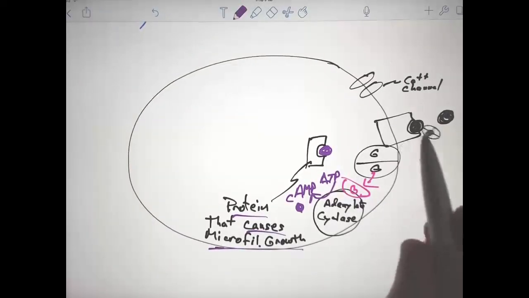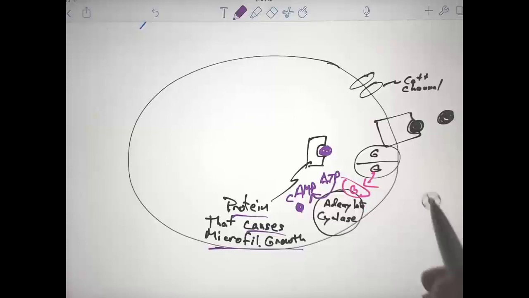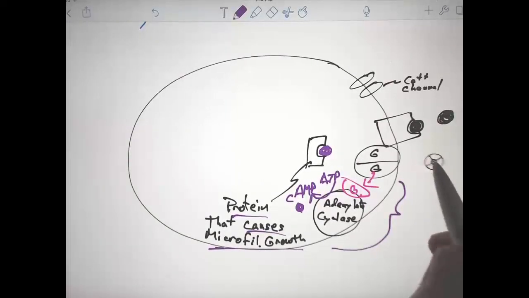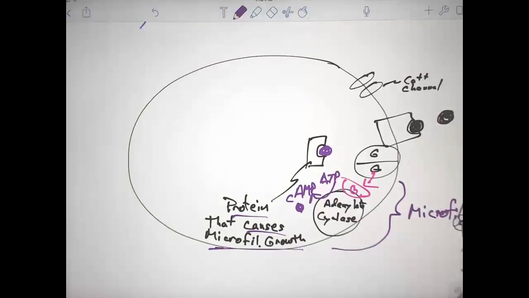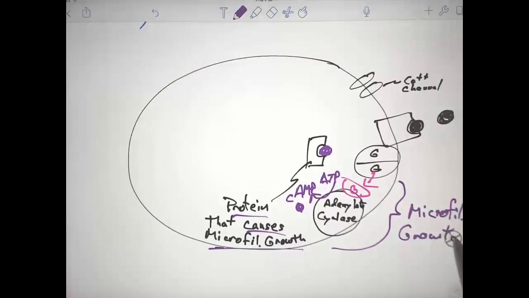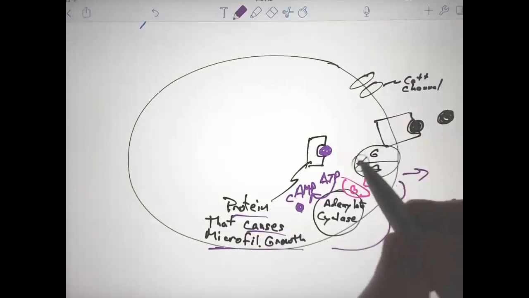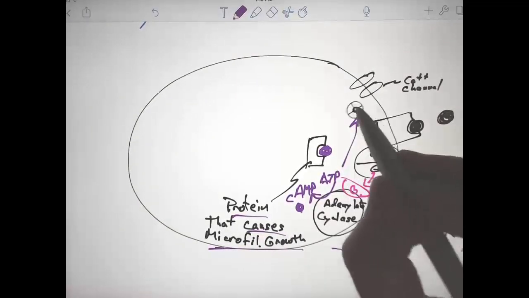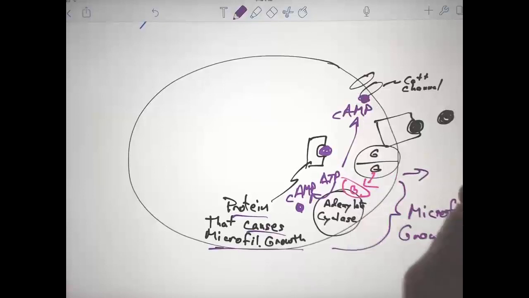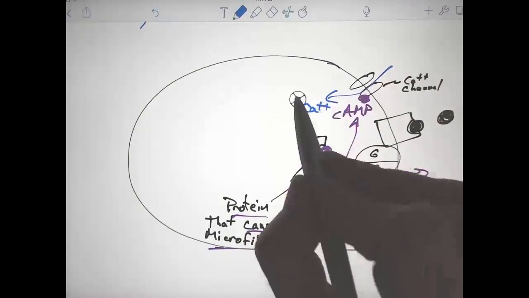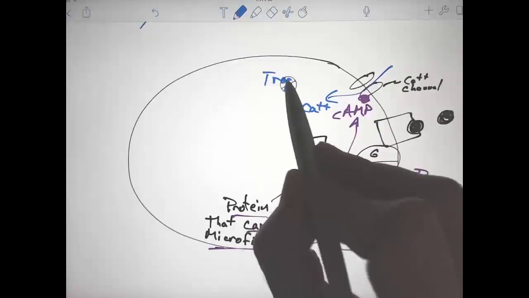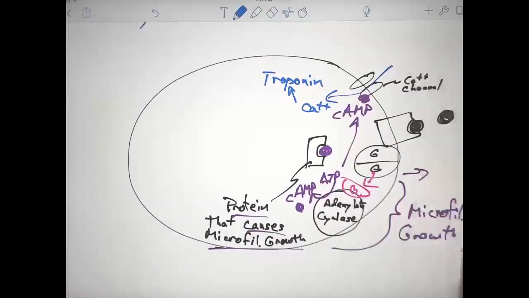And all these events are going on only in this part of the cell, and so only in this part of the cell is there microfilament growth. So this part of the cell will advance. Another possible mechanism is that the cyclic AMP can open a calcium channel, allowing in calcium, and remember the calcium can bind to troponin.